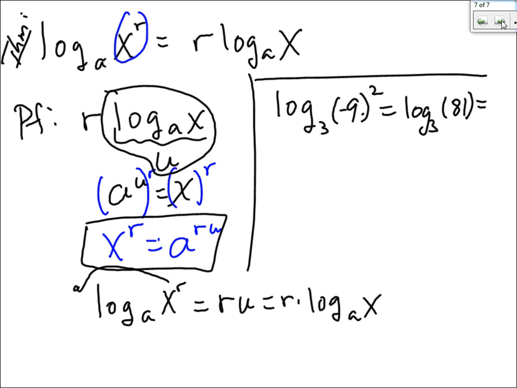And this is well defined because 3 to the 4th power is equal to 81. It's 9 times 9 is 81.